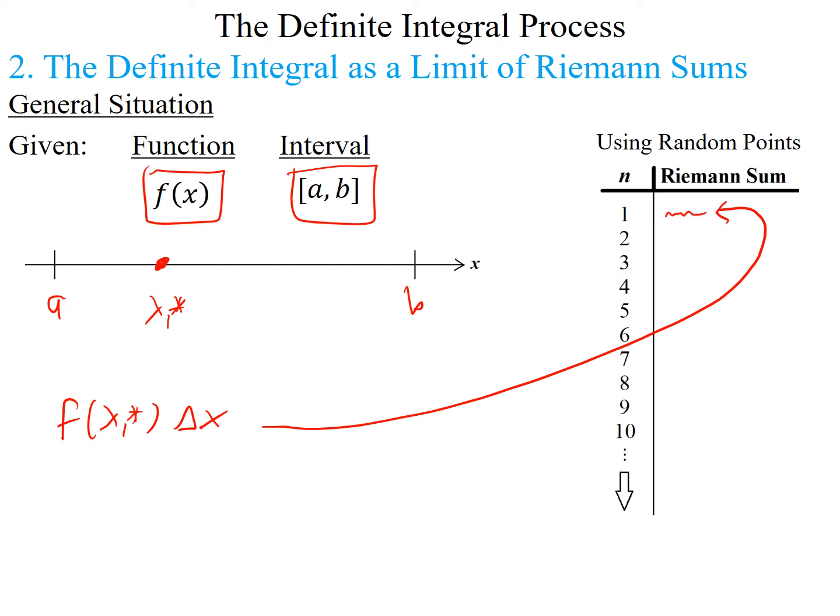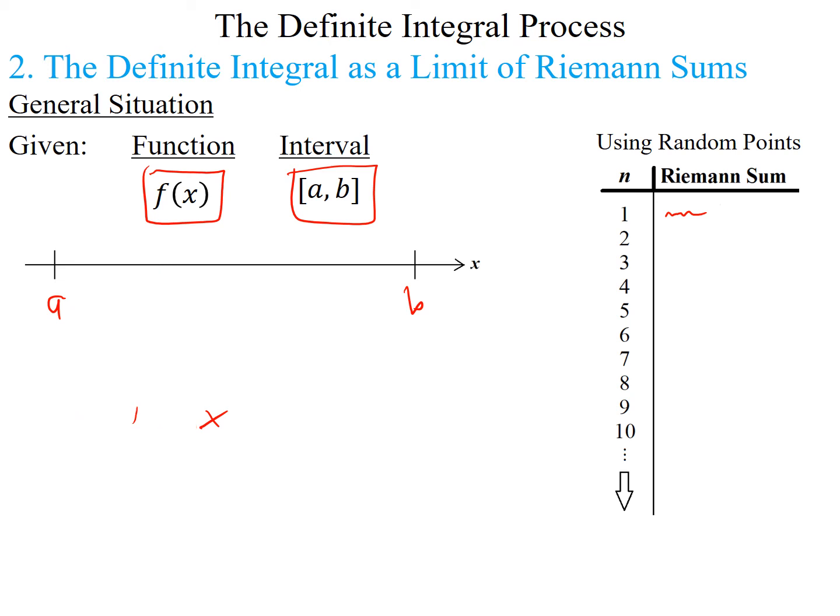Okay, then you cut it into 2 intervals. So this one would be x0, x1, x2. Say the number you pick in this interval is x1 star. The number here is x2 star.